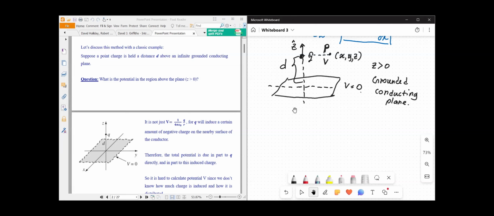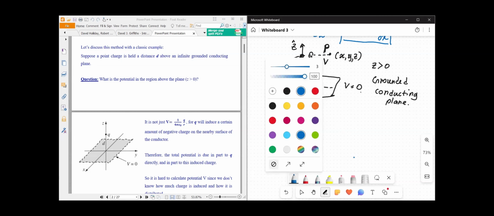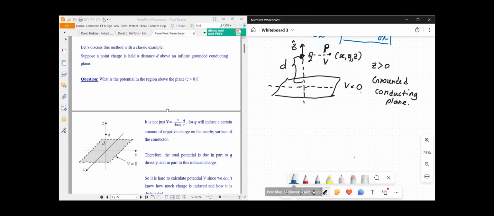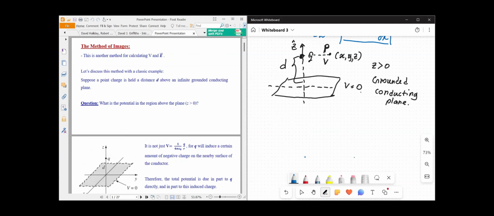Now, this technique is called the method of images. The technique that we are going to do is called the method of images.